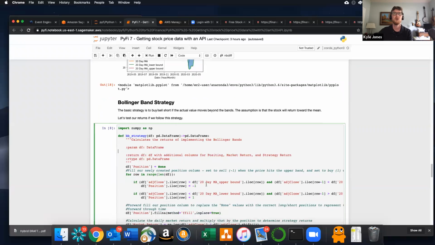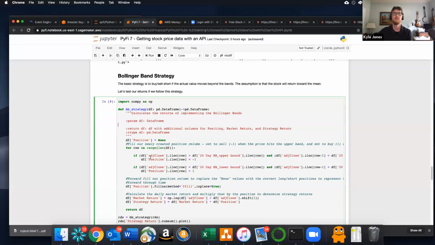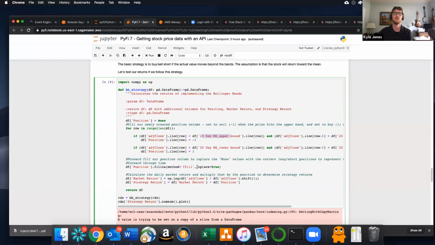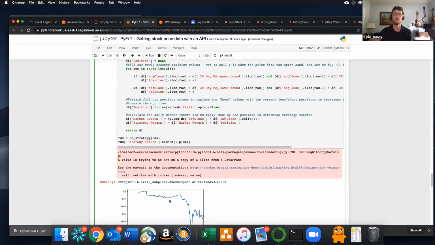What this code is going to do is take that strategy and convert it into code. If the value is higher than the upper bound, and that wasn't true yesterday, then take an action. If we run this, and we're going to use a cumulative sum, it's going to show how much money we are making over time.